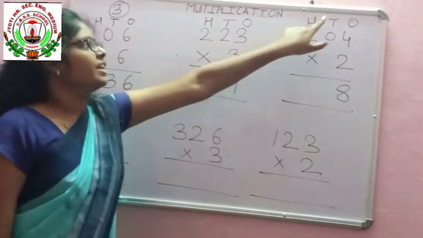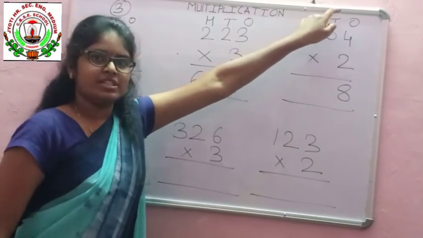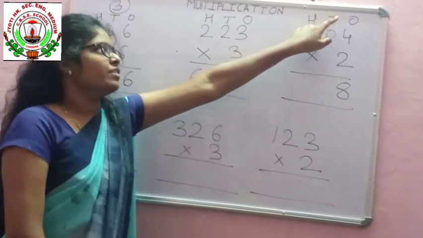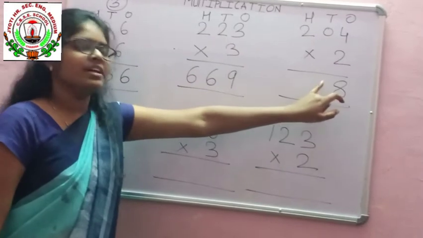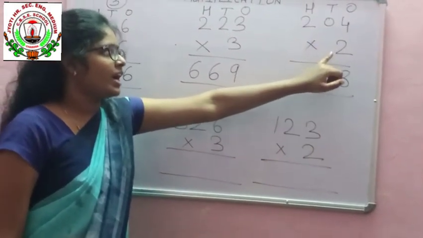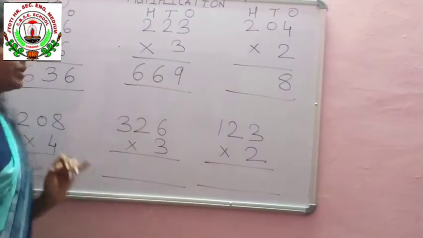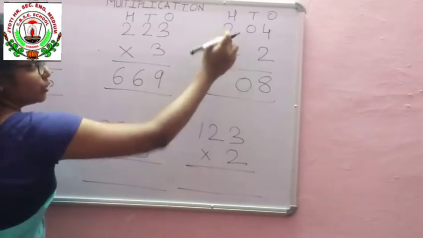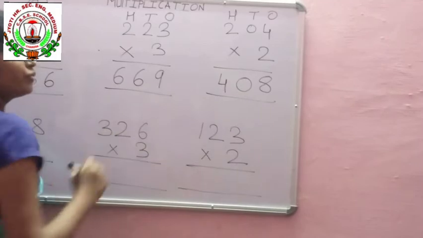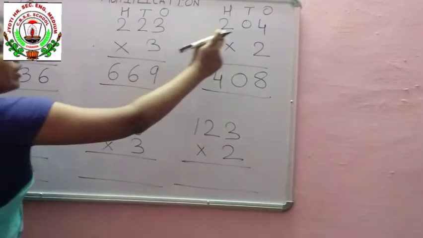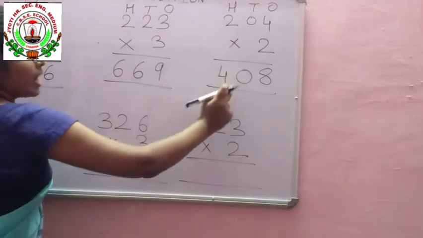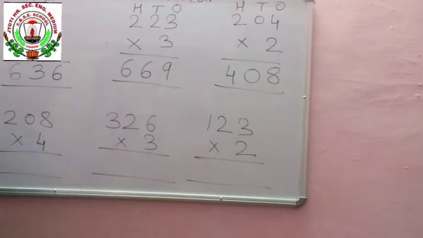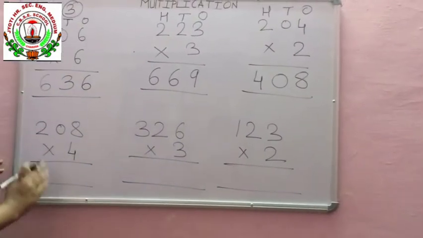Students, look, here no carryover is given, so we will not write anything extra. We have to write 0 here, because 2 zeros are 0. 2 twos are 4. 204 into 2, answer is 408. Okay. Next question.